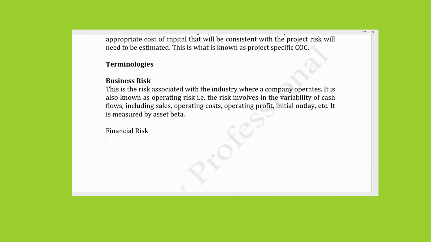When a company finances its operation with elements of debt, including bonds, debentures, loan notes, or bank loan, the company may be exposed to financial risk. Financial risk is measured by equity beta, and it is always higher than the asset beta. When we get there, I will mention that.